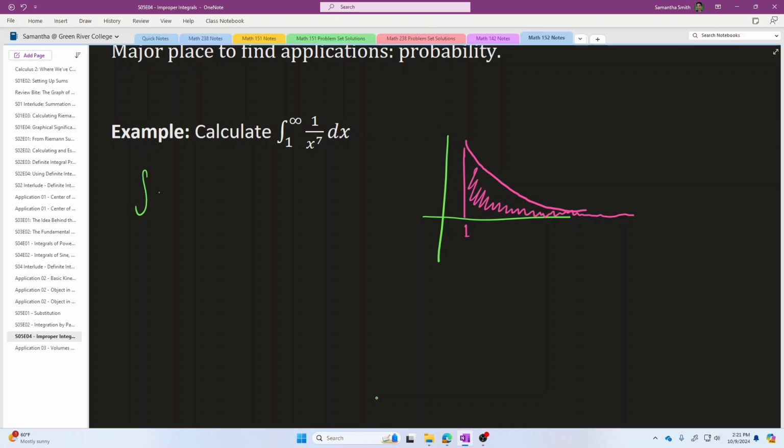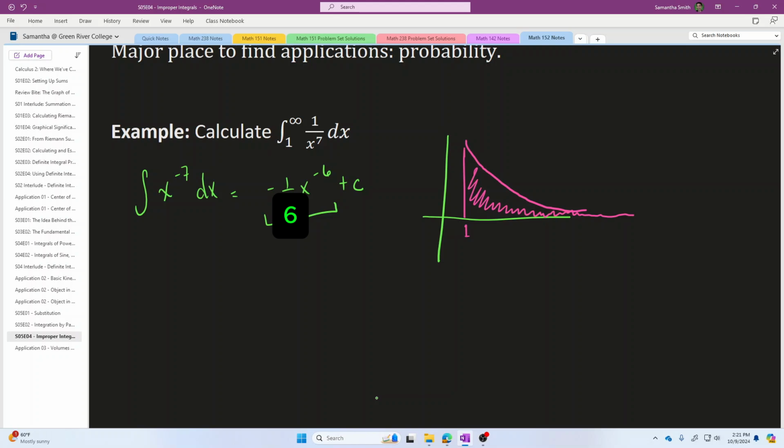So integrating x to the negative 7 dx, I use the power rule, so I get negative 1/7 x to the minus 6 plus c. And then in a definite integral, the next thing that we would do is take this antiderivative, plug the limits into it, and subtract.